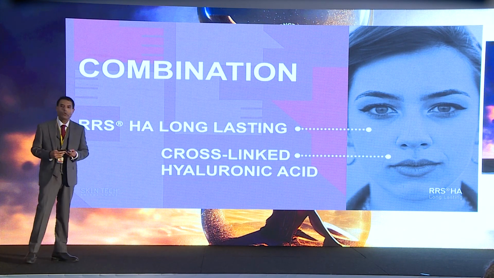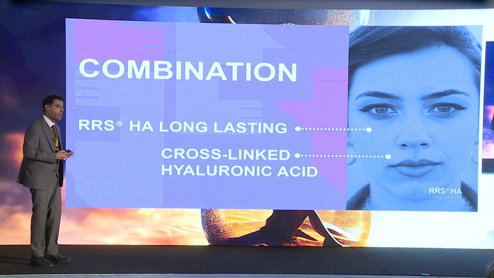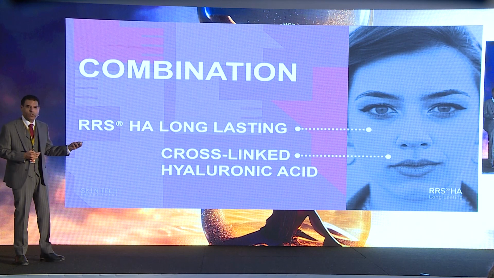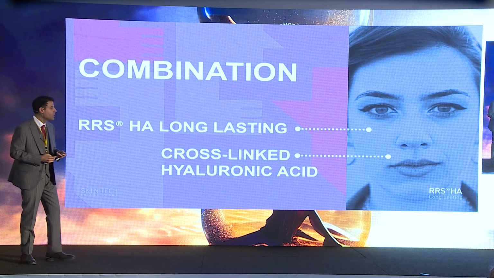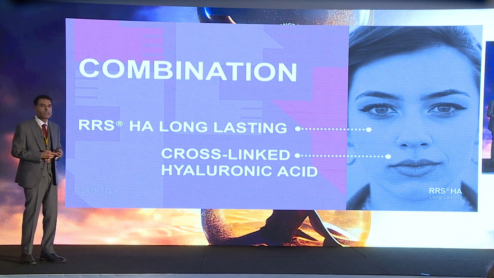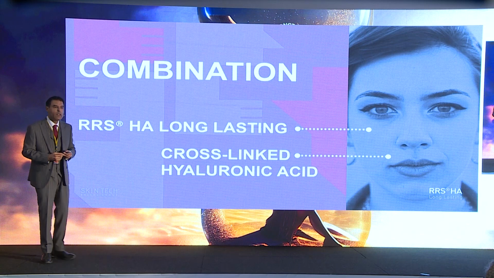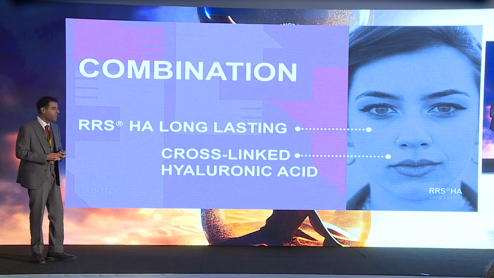And then for those who are more significantly asymmetrical in the face, you can combine treatments, again, using your traditional hyaluronic acid, heavier cross-linked fillers, with the RRSHA long-lasting, which is BDDE cross-linked, but a much finer filler, if you want to call it a filler, but it is a skin builder.